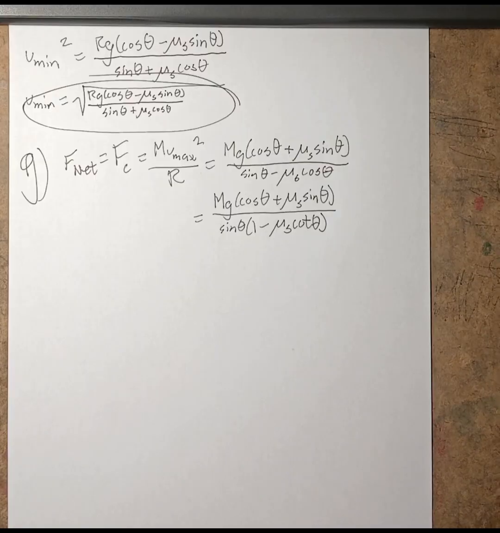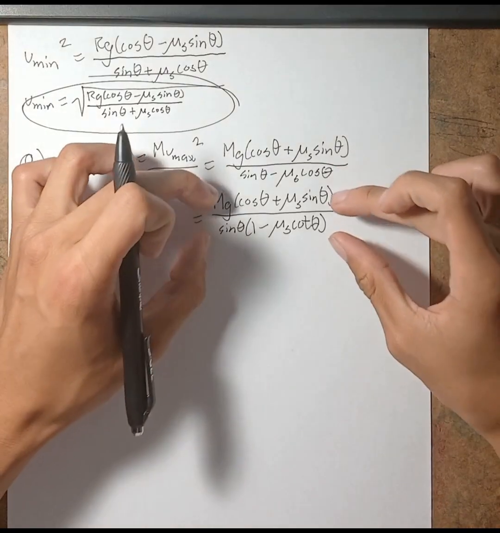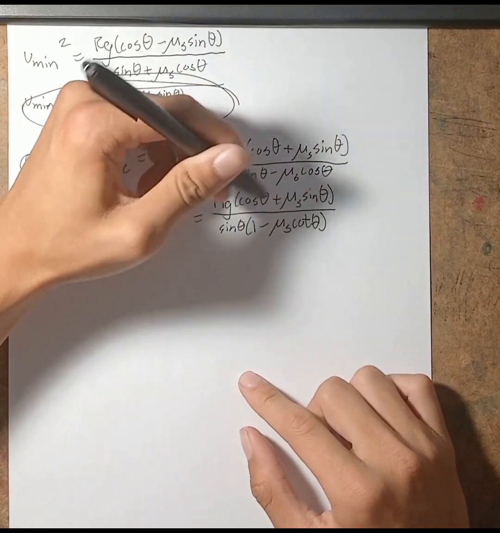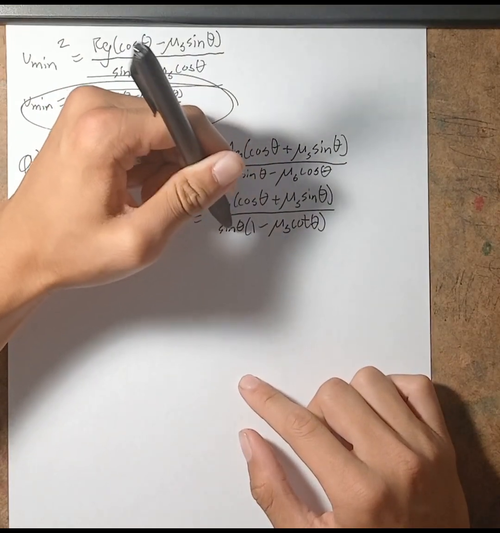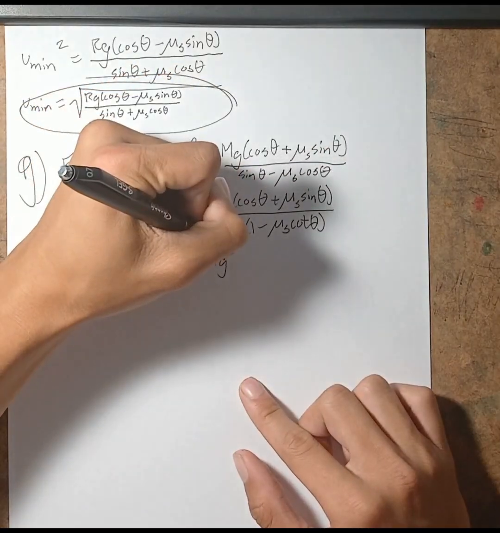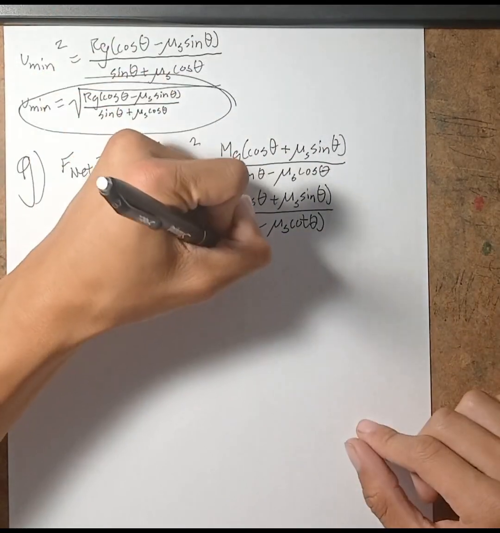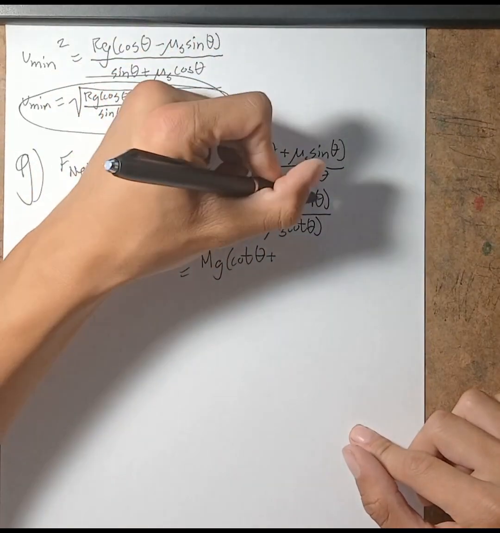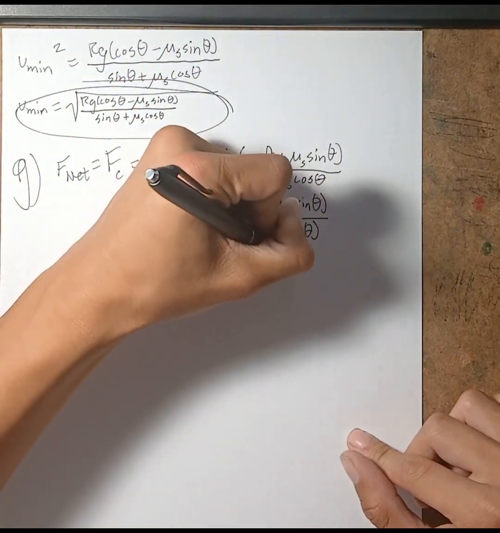Now, because all of these terms are being multiplied on both sides of the fraction, you can divide these terms on the top here by the sine on the bottom here. So if you do that, you get cosine over sine, which is again cotangent. And then these sines will cancel out. So this becomes simply mu s.